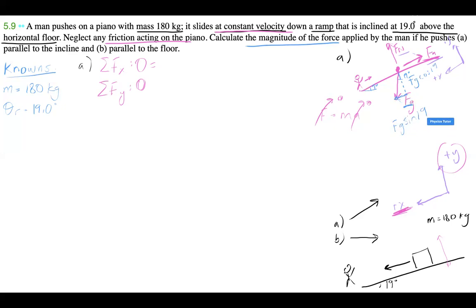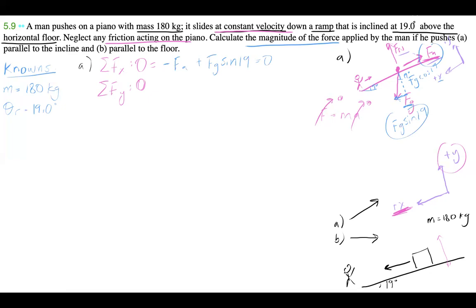Now let's write down the summation of forces in the X direction. That is minus FA, because it's in the minus X direction, plus this positive FG sine 19, is equal to 0. For the summation of forces in Y, this one's easy.